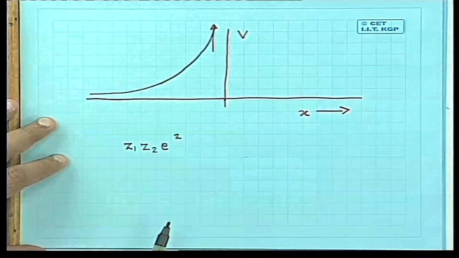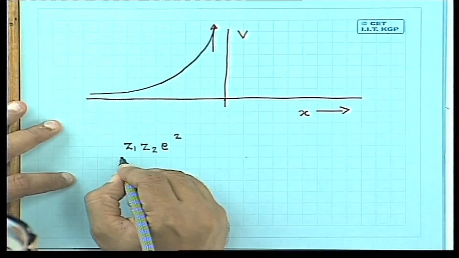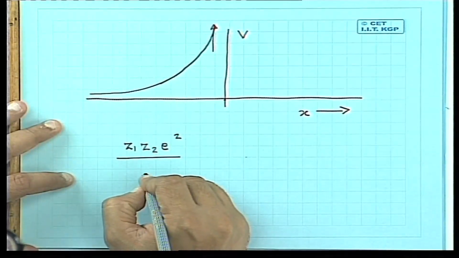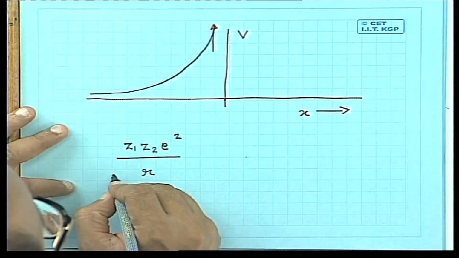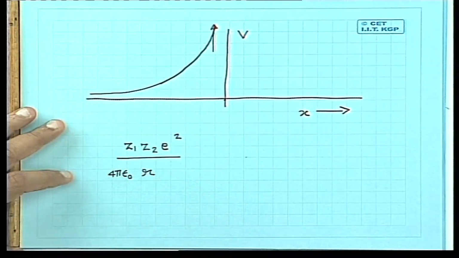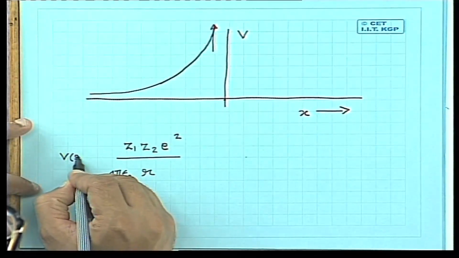For an alpha particle it is 2, and e is the charge of the electron or the proton. We are choosing units where the factor of 1 by 4 pi epsilon does not appear. If you want to keep that, then you will have it, okay, let us use that also. So this is in the SI units. So this is the potential.